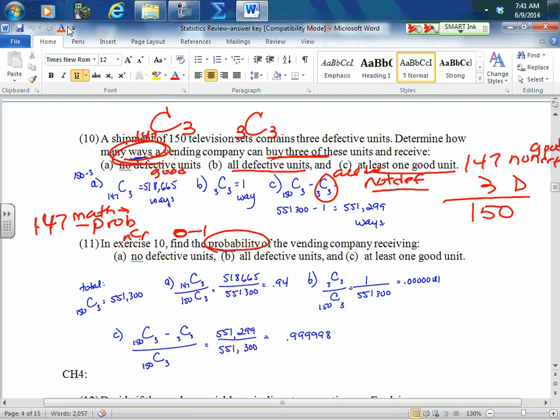The next part is just making the probability, part over whole. And actually, this piece right here is your generic. Any 3 out of 150. Any 3. And the only thing you didn't want there was the one where they all happened. But now you want any 3. This is your bottom number. So whatever the top number was, part over whole.